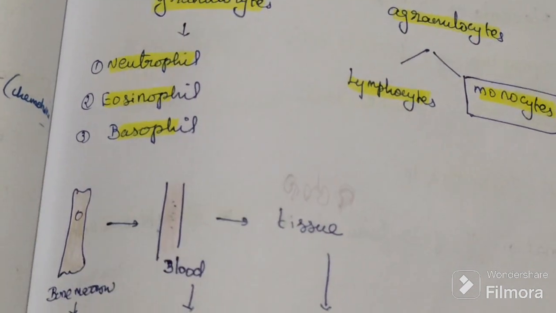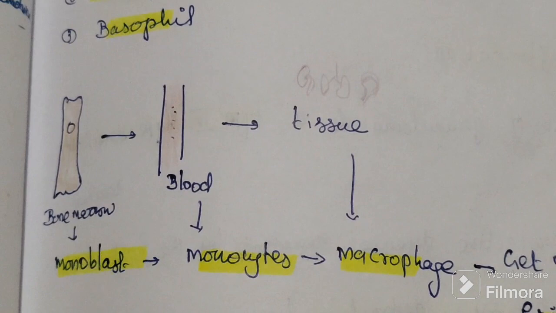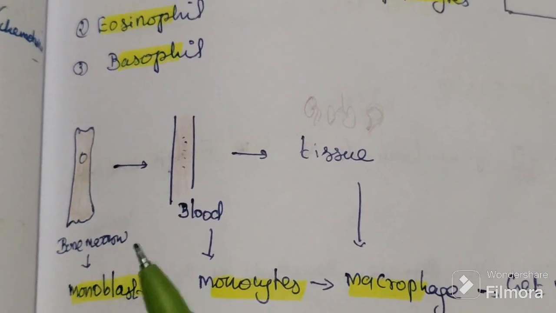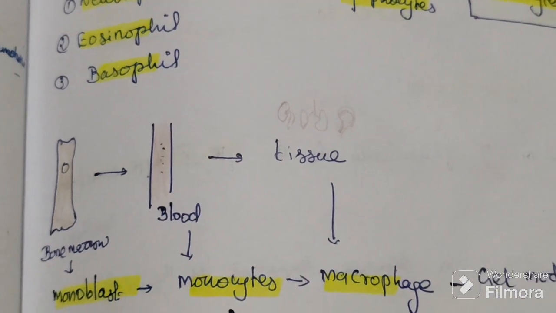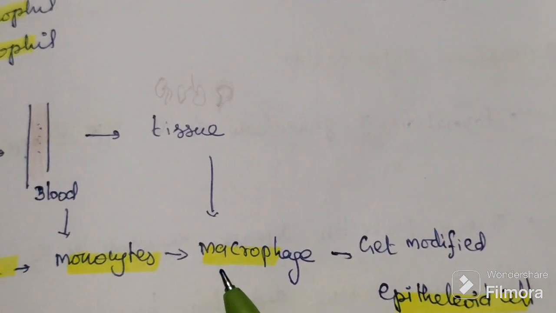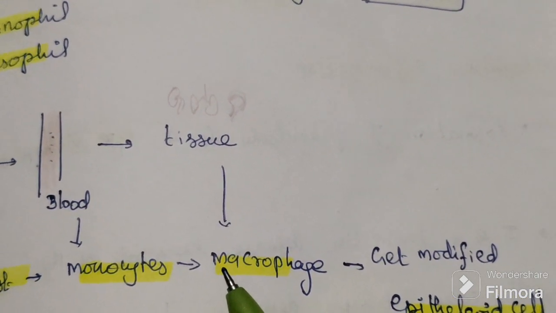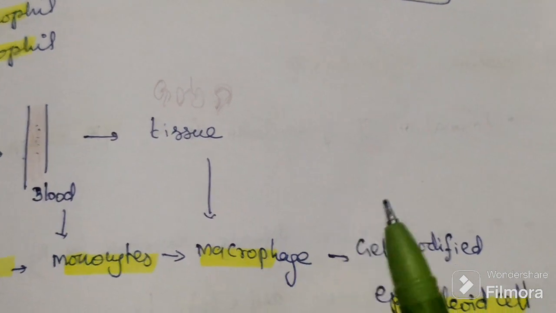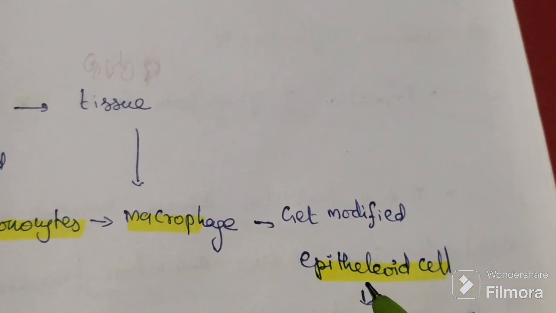So what are the things in the bone marrow? In the bone marrow, it is known as monoblast. In the blood, it is known as monocytes. In the tissue, in a particular organ, it is known as macrophages. Then with the help of certain cytokines, it becomes activated. Activated macrophages are known as epithelioid cells.